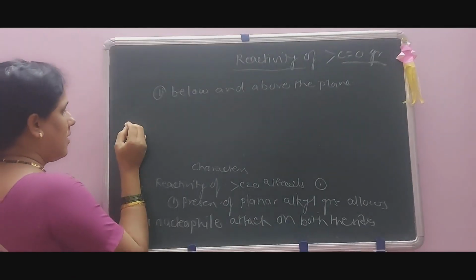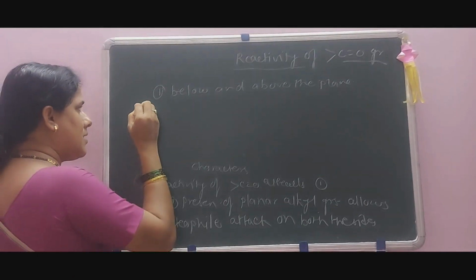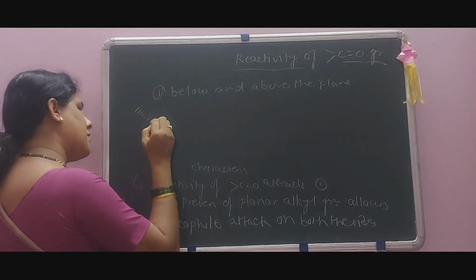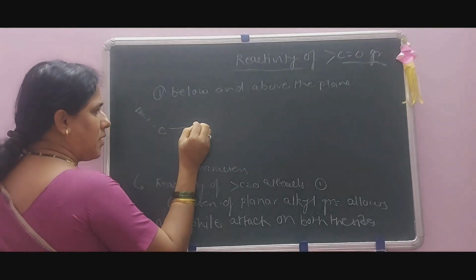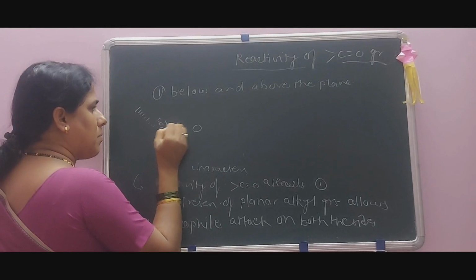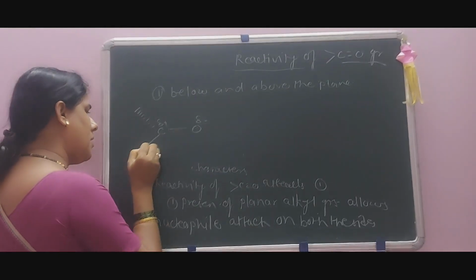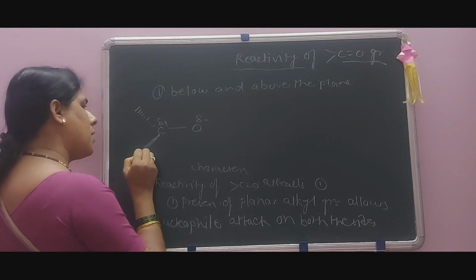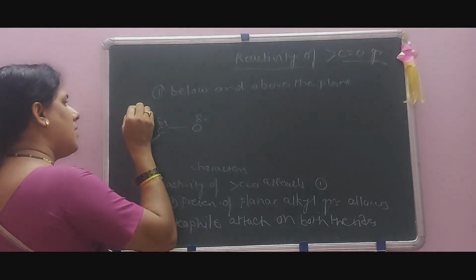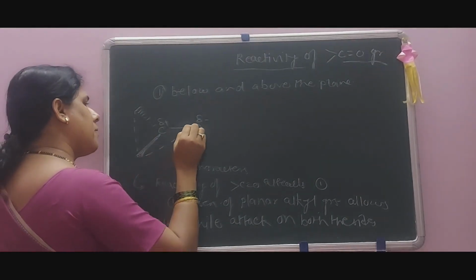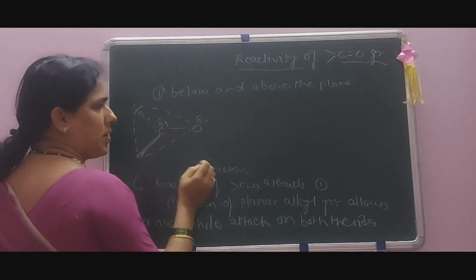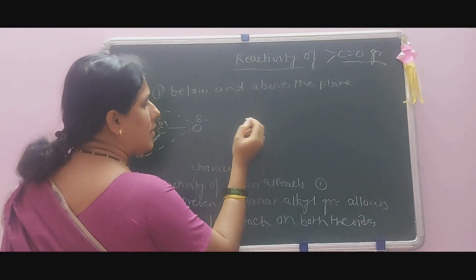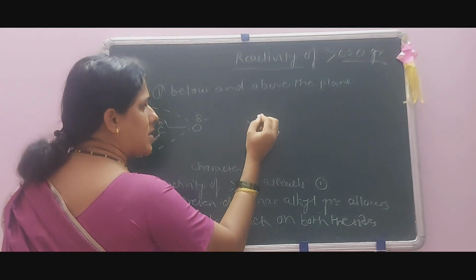Now see the representation here. First is C, then O. Carbon acquires delta positive and oxygen delta negative. Now suppose the nucleophile is X minus.